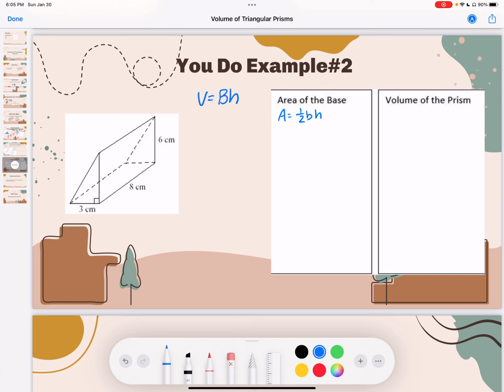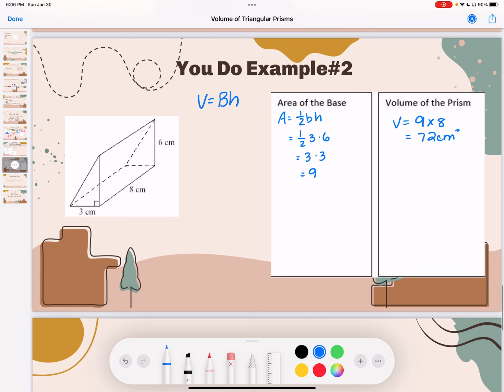Sorry, I have to make that lowercase. So 1/2 times 3 times 6. If I go ahead and divide this, I've actually got 3 times 3, which is 9. Now I have V equals 9 times 8, and that is 72. And I'm going to put my units, so I've got centimeters cubed.